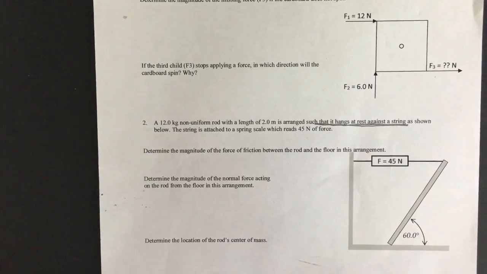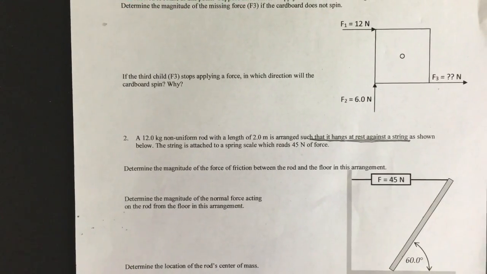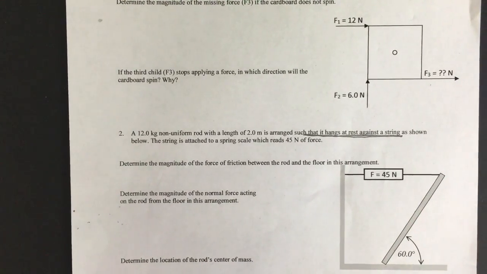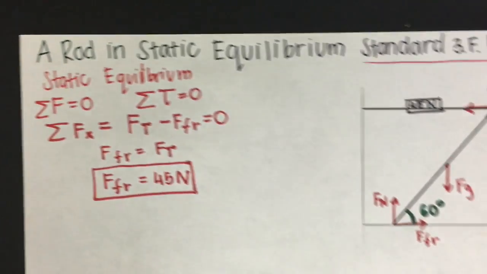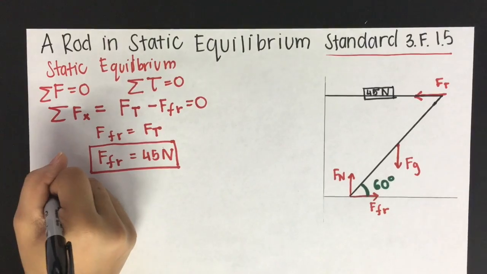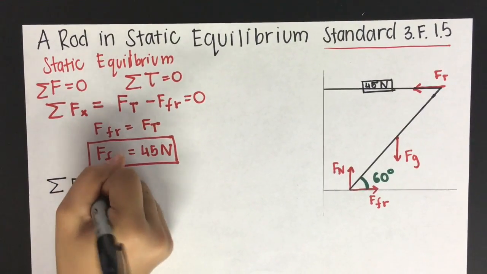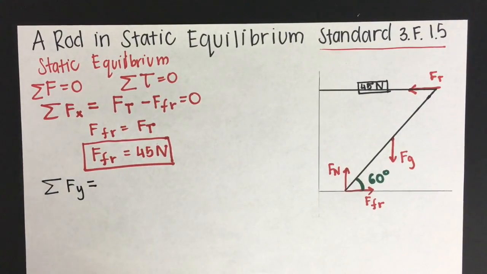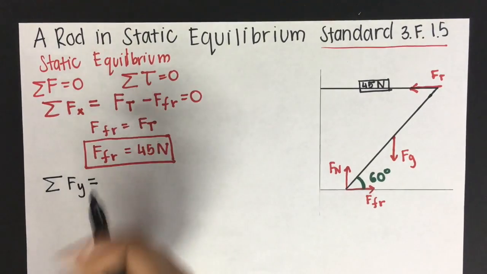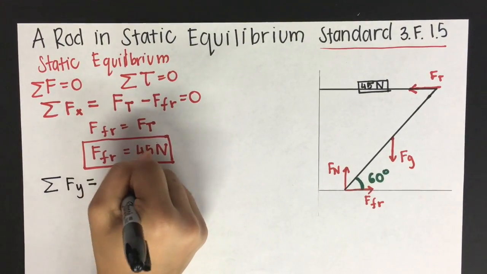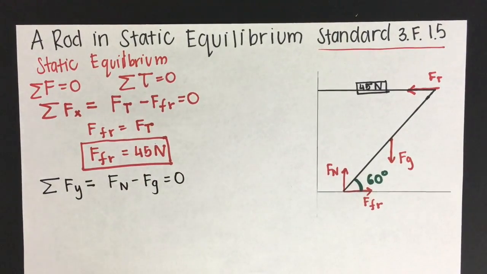The second part asks us to determine the magnitude of the normal force acting on the rod from the floor in this arrangement. So going back to our diagram, we can see that we need to take the forces in the y direction now. The only forces that are in the y direction are the force of gravity and the normal force. So we can make an equation by saying Fn minus Fg equals 0 since it's in static equilibrium.